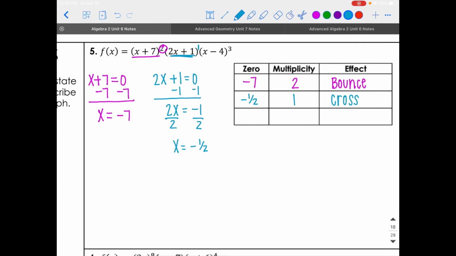And because 1 is an odd number, it's going to cross. And then we have x minus 4 equals 0. And then if we add 4, we get x equals 4. That has a multiplicity of 3. And since that is an odd number, it's going to cross.